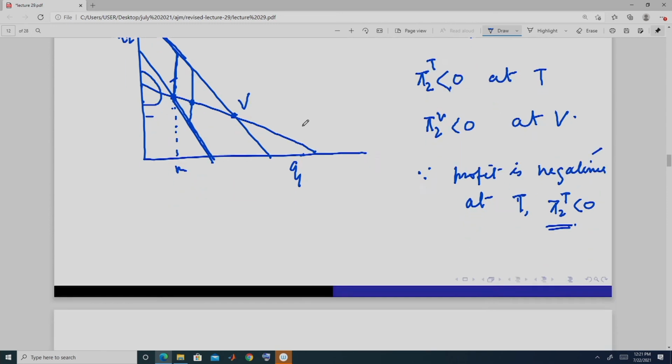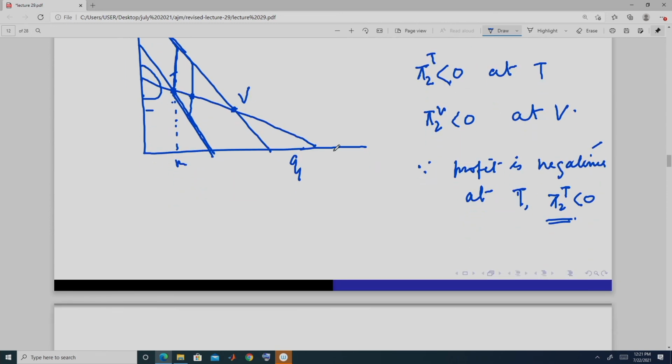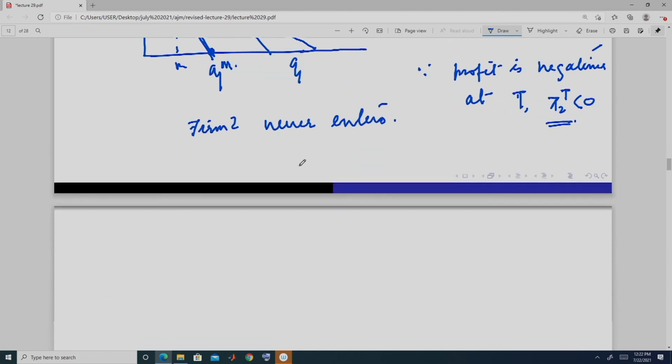So, here in this situation, output of farm 1 is going to be this one, this monopoly output, because farm 2 never enters. So, farm 1 will not be threatened by the entry of farm 2. Even if it gives a signal that I am going to enter, it is not going to threaten farm 1, because farm 1 knows that farm 2 is not going to enter.